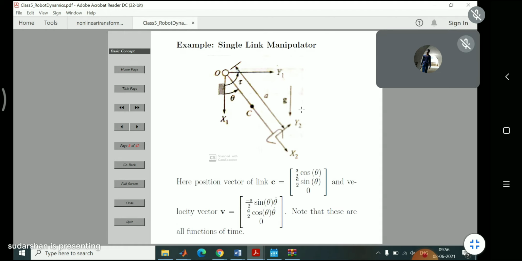Frame x1y1 corresponds to the origin, frame x2y2 corresponds to the end effector. C is the center of the link. If the entire length of the link is A, then the center of the link is at A/2. Then we have gravitation pointing downwards.